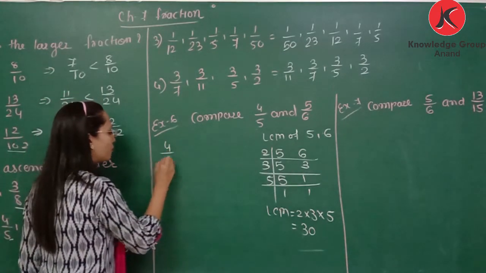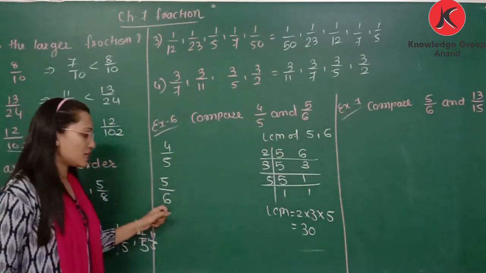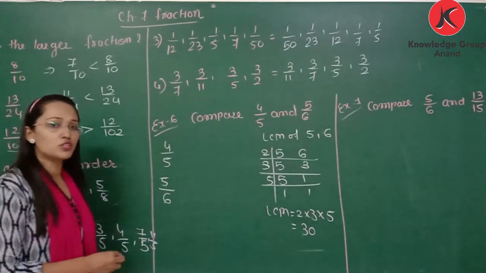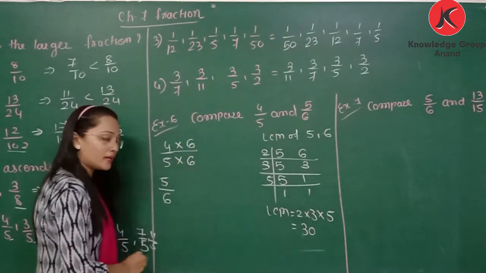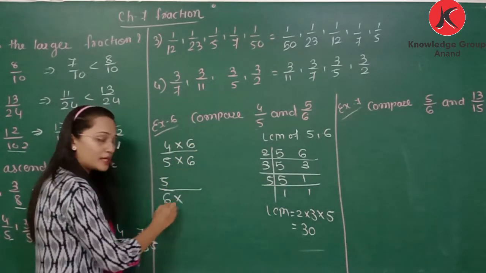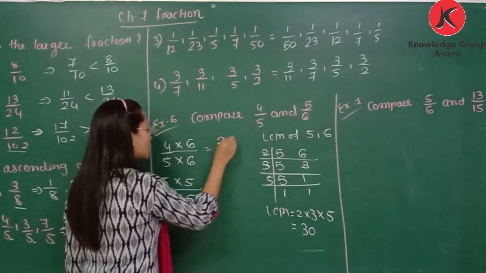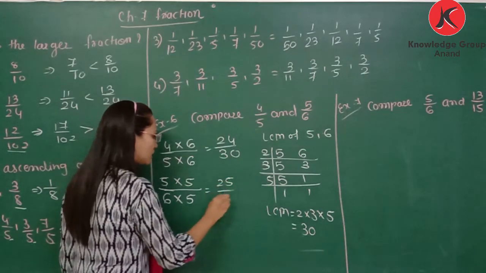So let's start. Here we have two fractions, 4 by 5 and 5 by 6. How can we make 5 into 30? Which number should we multiply here? With 6, and the same number in the numerator. Now here which number should we multiply? 5, and the same number in the numerator. 6 4s are 24 over 30, 5 5s are 25 over 30.